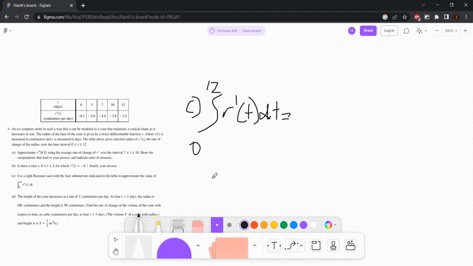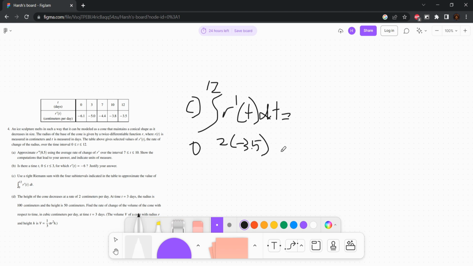Make sure you start from the right. Basically you just have to find the difference of t and then multiply by the value at the bigger t. So for example, the first one would be 12 minus 10, which is 2, and then the value of r prime of t at 12, which is negative 3.5.